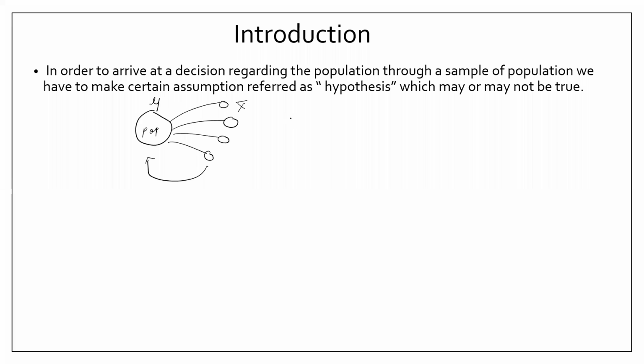If you want to test whether there is any significant difference between the population mean and the sample mean, how are we going to test these types of things? Are we checking whether there is any difference between two parameters?